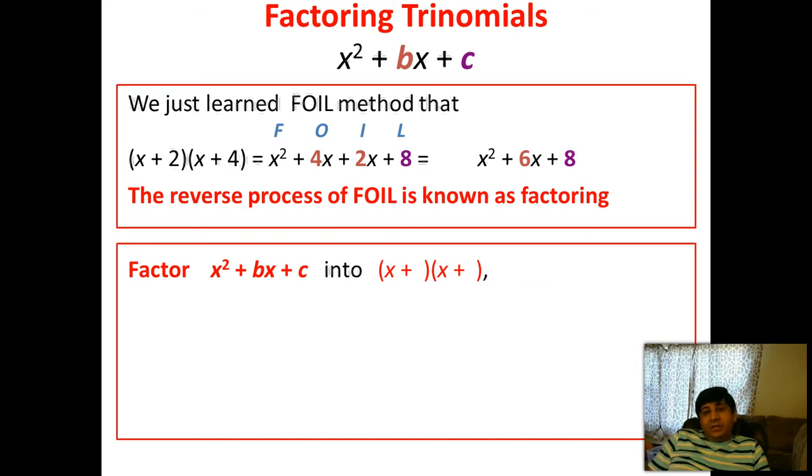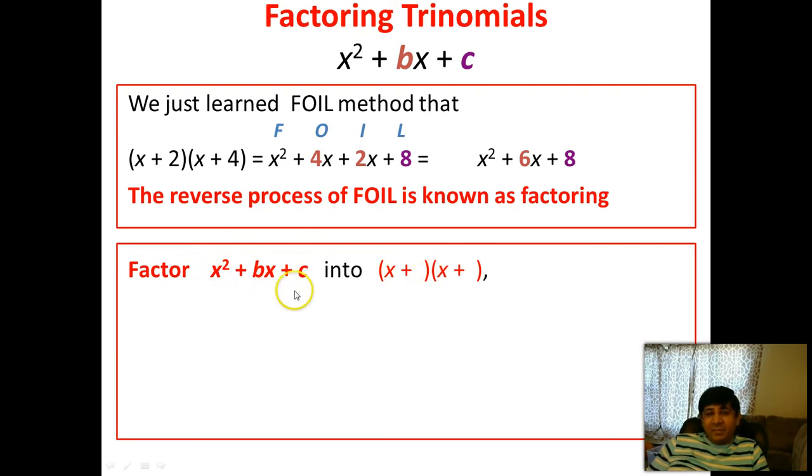The main idea behind factoring, the reverse process of FOIL, is this. Suppose a quadratic x squared plus bx plus c is given to you, and we want to convert it into two factors. The first term of each will be x, then we will have plus or minus depending upon the sign.